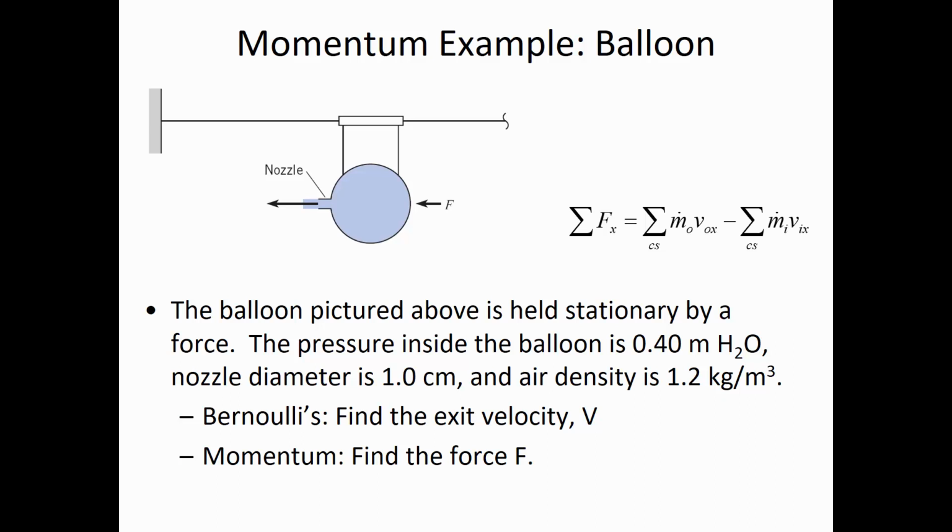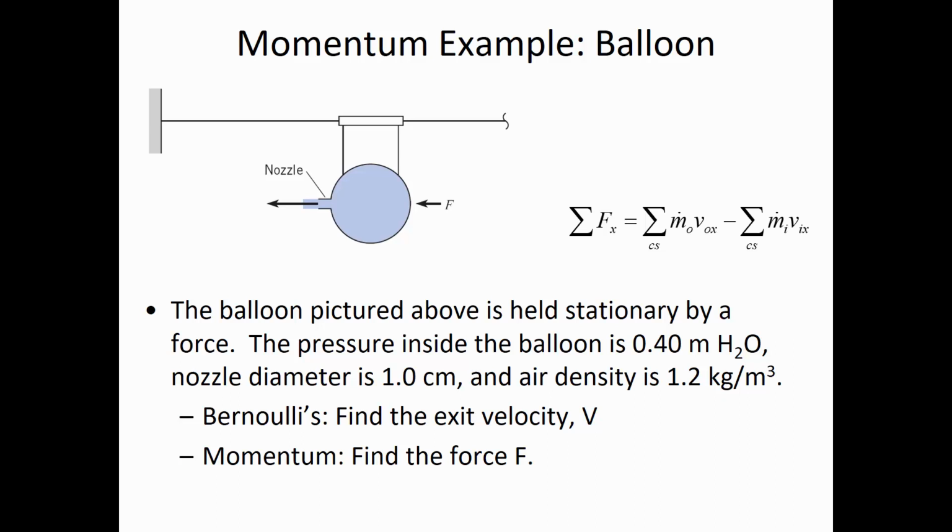Bernoulli's equation in terms of pressure is P1 plus gamma Z1 plus the density times velocity 1 squared divided by 2 is equal to P2 plus gamma Z2 plus density V2 squared divided by 2.